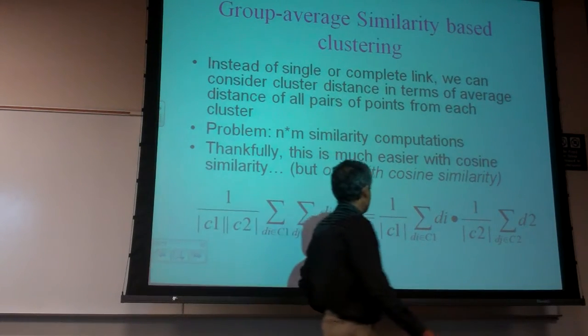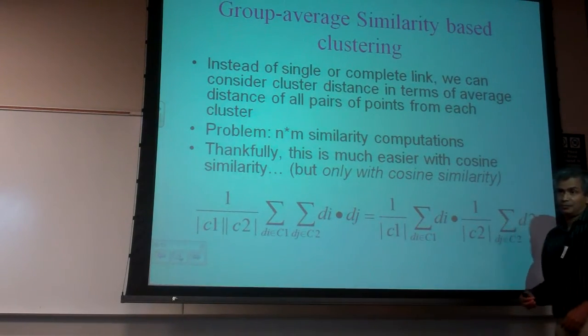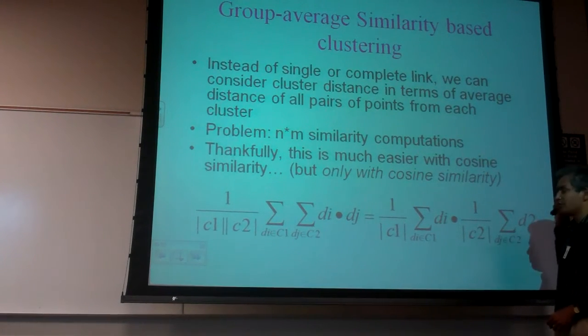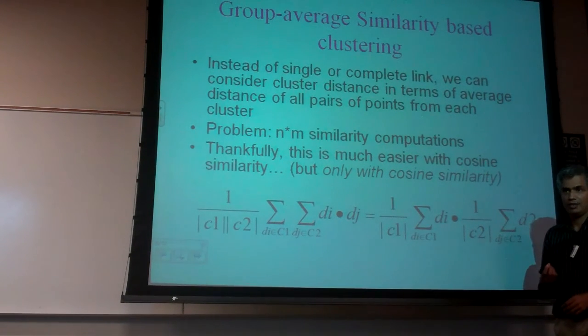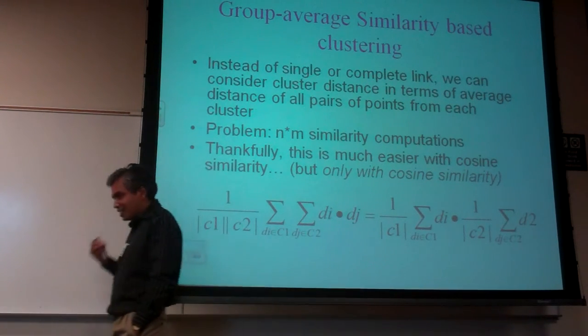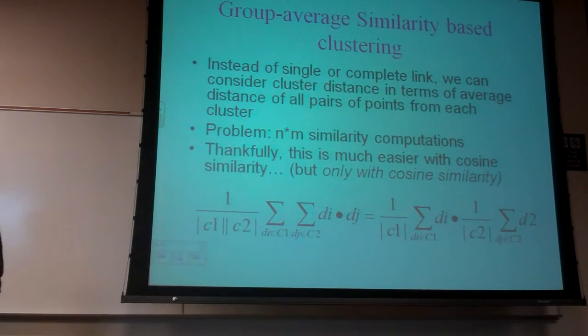However, this can be written essentially as this, where this is the centroid of the first cluster, and this is the centroid of the second cluster. So here is a situation where it's one of these nice properties of the cosine theta distance. It actually makes it quite cheap to compute group average distance.